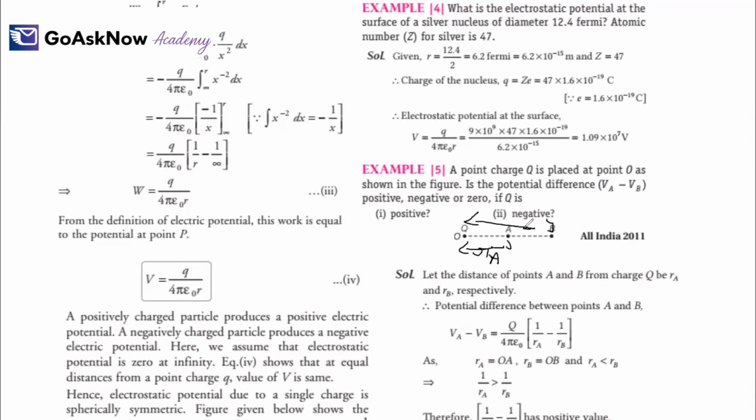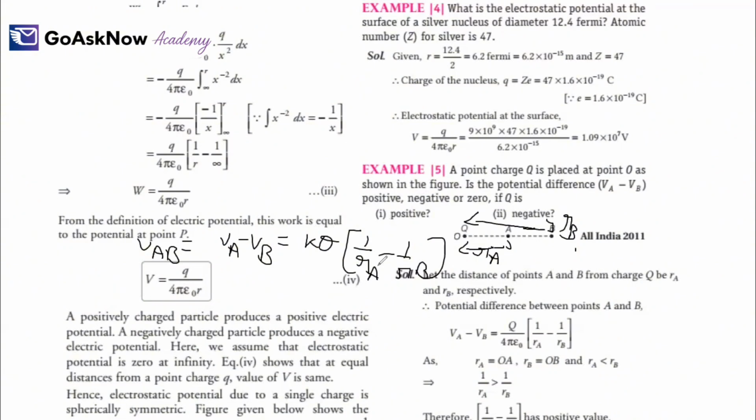So the potential difference between points A and B, VAB, will be VA minus VB, which will be equal to KQ into 1 by RA minus 1 by RB. You have already seen that this is the expression for a point charge, so that is why we have written it like this.